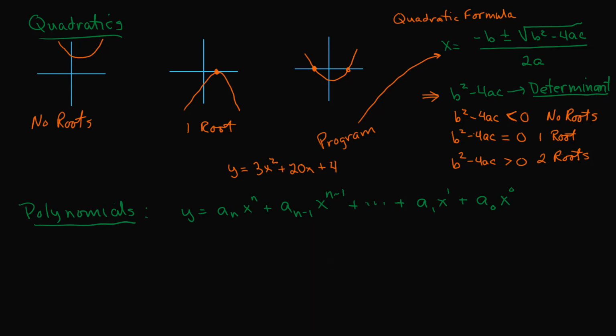All you would have to do in this case would be to plug in the value for a, which is the x squared term, the value for b, which is the x term, and the value for c, which is your constant. And it's a whole lot easier to just plug in 3, 20, and 4, and press enter and have it return values than trying to work out all these computations using the quadratic formula.